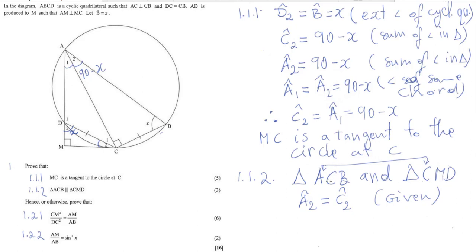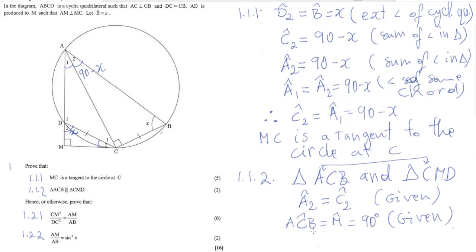Now the CM here, you can see this angle is 90 degrees, and this is also 90 degrees, given. We have MC here, this angle C. Let's say the angle ACB is equal to the angle M, which is 90 degrees, also given, okay?